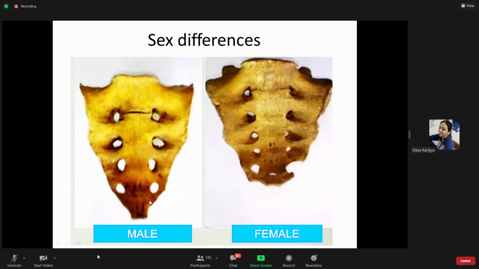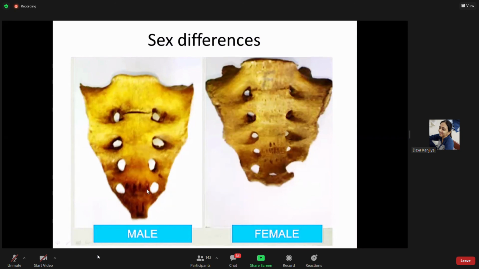If you see lengthwise, the male sacrum is longer as compared to the female sacrum, right? Now see the difference between the sacral promontory and the ala of sacrum. In female, the promontory is longer than the ala of sacrum, while in male the length between the sacral promontory and ala of sacrum is just equal.